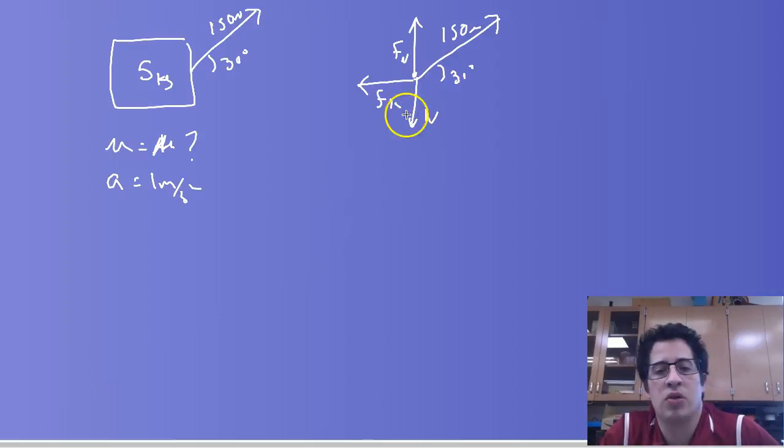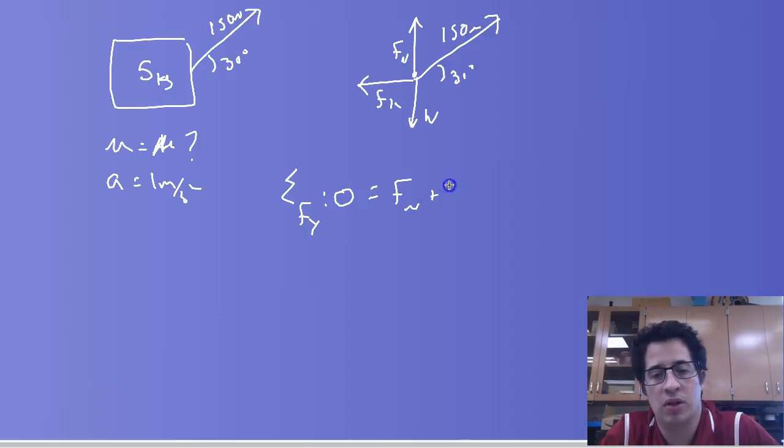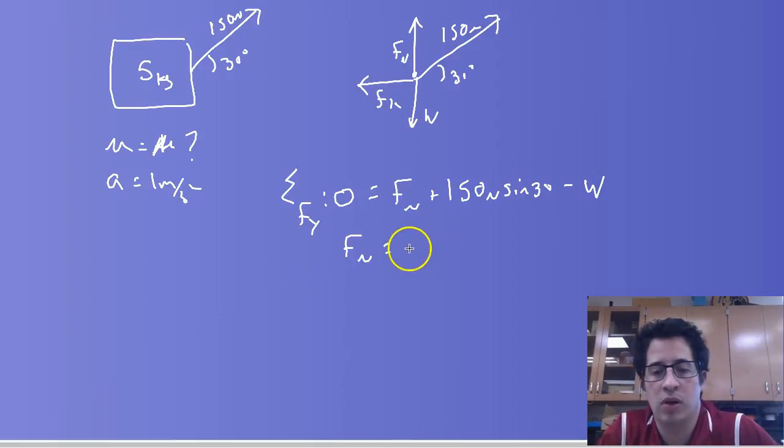To get started, let's do a net force equation for y. We can say 0 equals, acting upward, normal force plus the y component of this 150 newton force minus the total weight. So the normal force is going to be equal to the weight minus 150 times sine of 30.